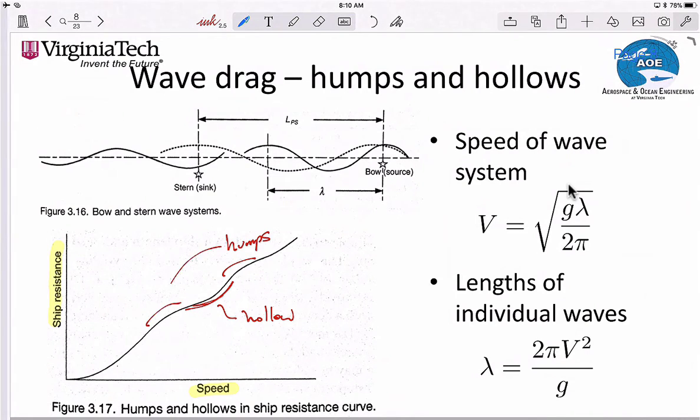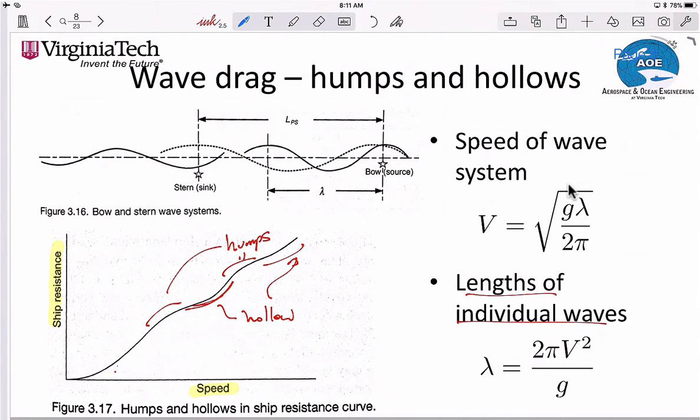So this is the terminology that you'll sometimes see. Hollows are here, and it's because as the ship speed increases, the wavelength changes. And as the wavelength changes, you get superposition of the individual waves, and the resistance will change from what you might anticipate, and you'll get these humps and hollows.